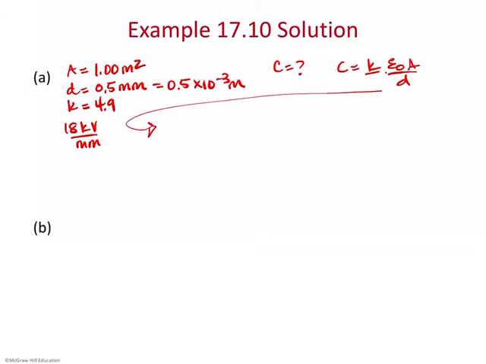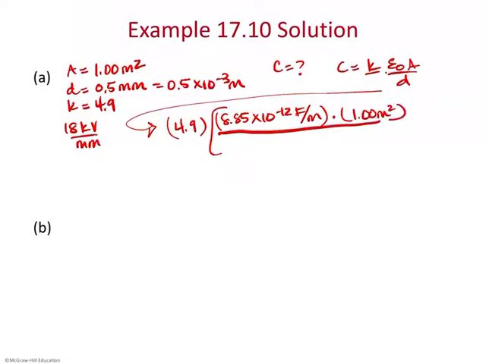So we have the K, which is 4.9, times the permittivity constant, times the area, which we're given as 1 meter squared, divided by the distance, which is that 0.5 times 10 to the negative third meters.